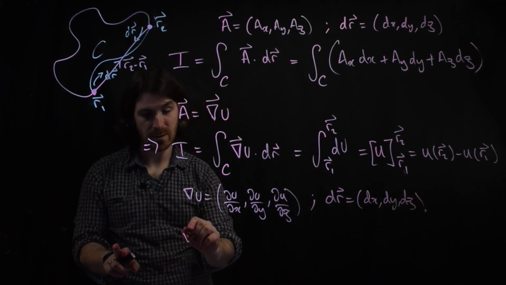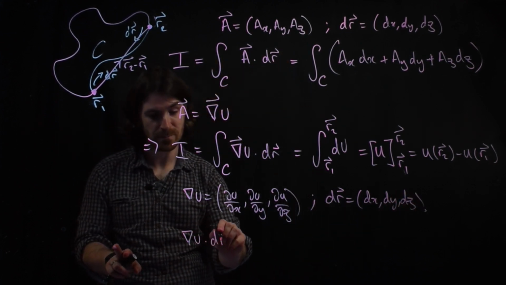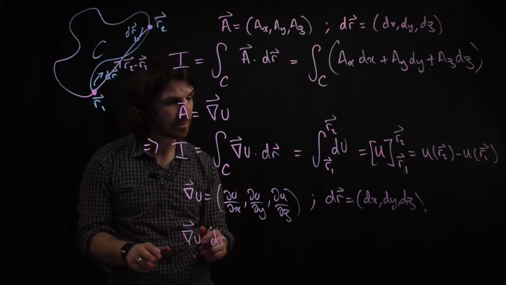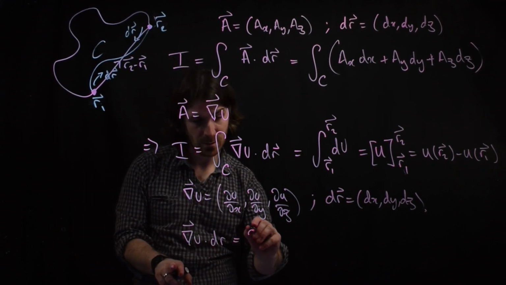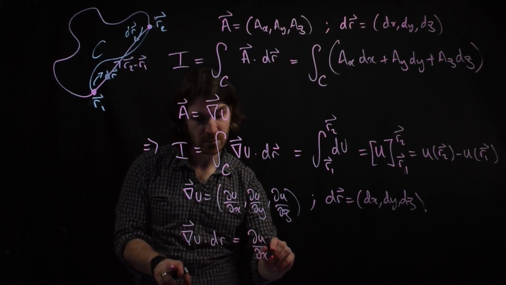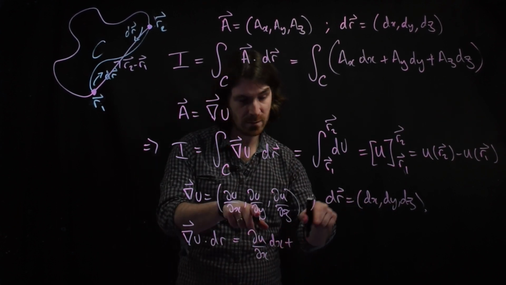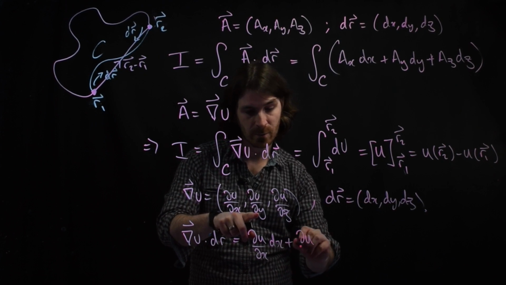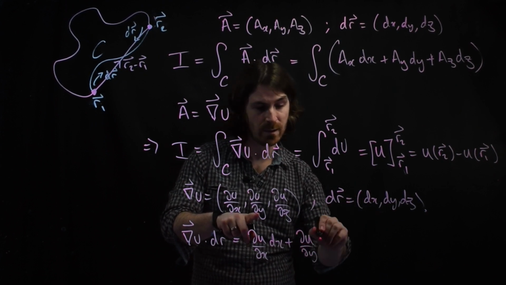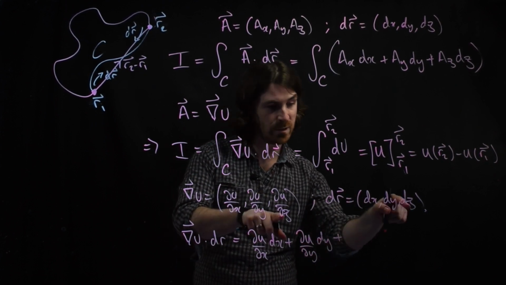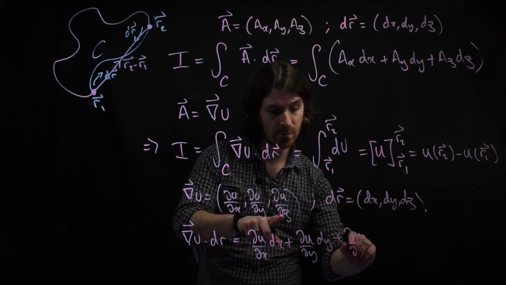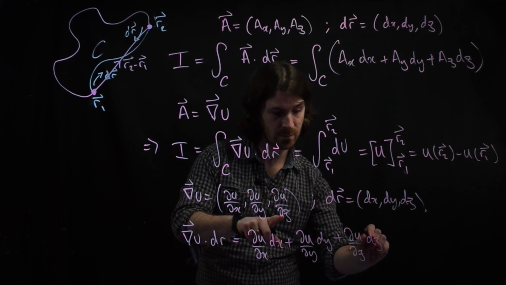So the gradient of u dot dr is equal to du by dx times dx plus du by dy times dy plus du by dz times dz.